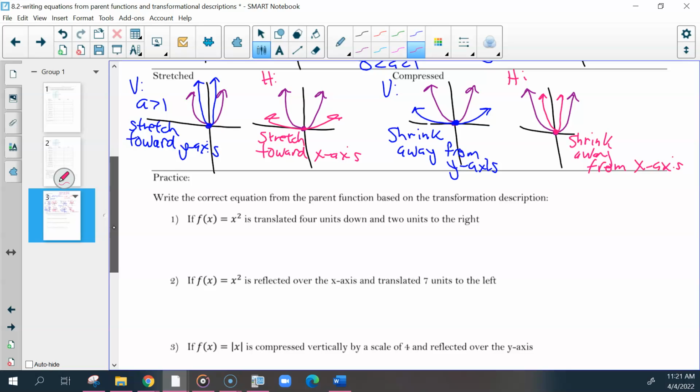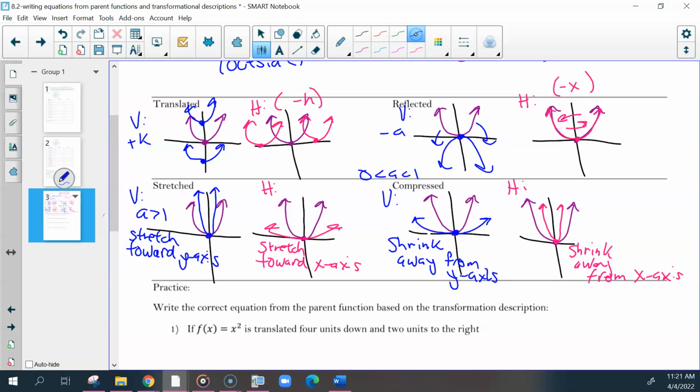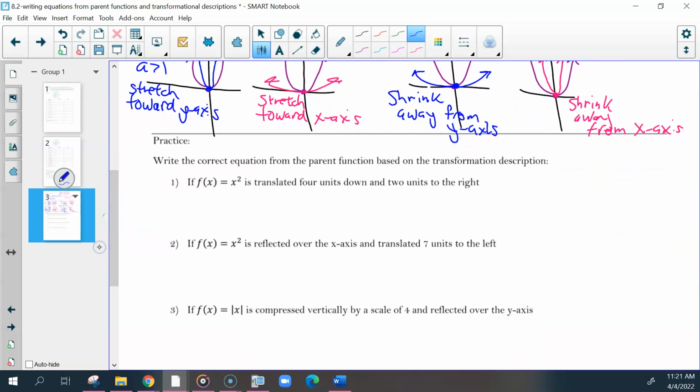Is that vertical or horizontal? Vertical. So if it's vertical, is that inside or outside? Outside. So we know this is going to be a vertical transformation outside. I'm just going to write that this is outside so we know where it goes. If you want to write that it's vertical, you could do that too.